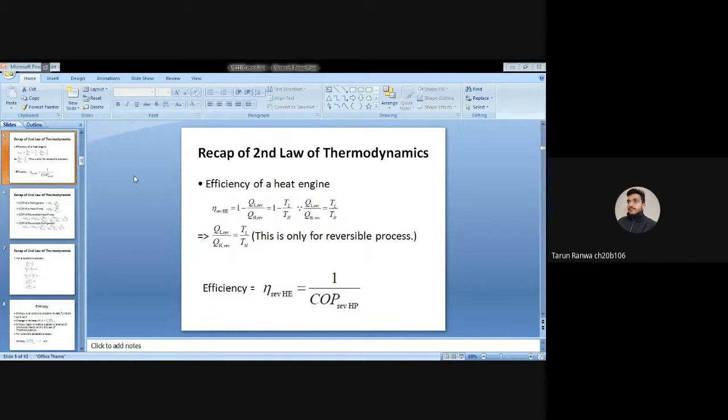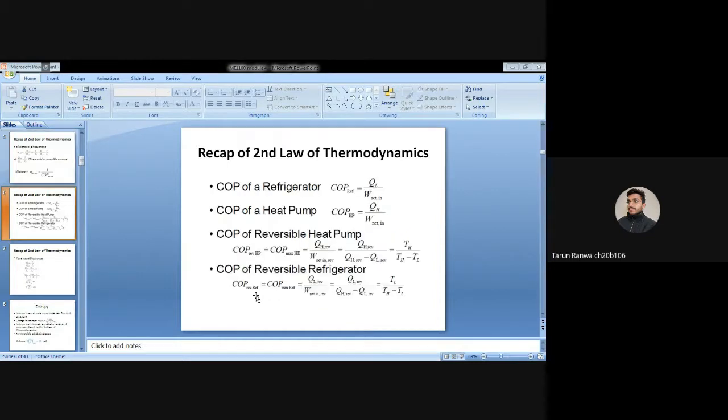So this is the efficiency of a heat engine. We can write efficiency equals 1 minus QL by QH, which equals 1 minus TL by TH. Only for a reversible process can we write QL by QH equals TL by TH. The COP of a refrigerator equals QL by W input and the COP of a heat pump equals QH by W input.